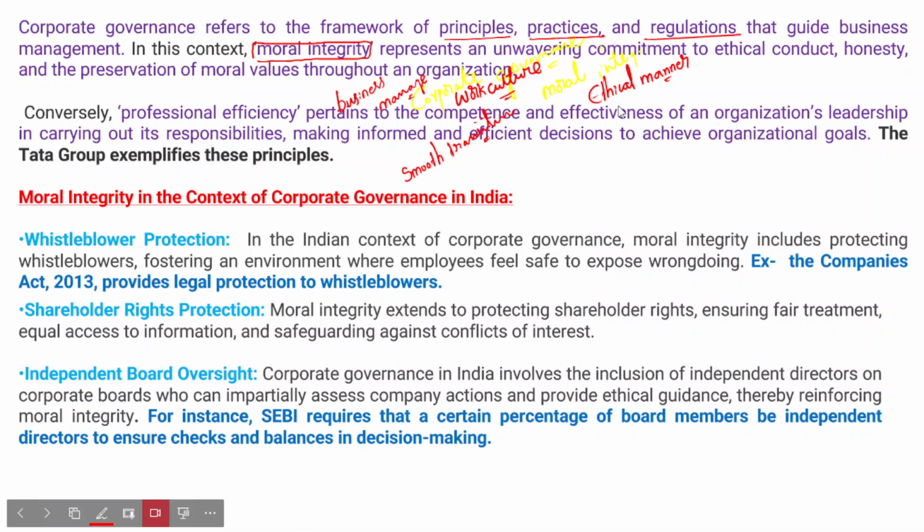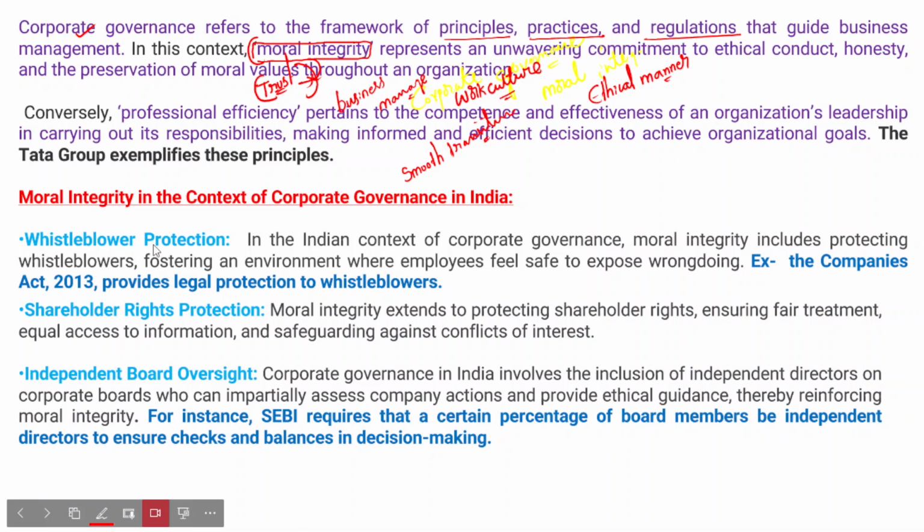This is what constitutes the moral integrity of a corporate company. Moral integrity also enhances and enriches corporate governance, and it helps develop trust among the stakeholders about that particular corporate company. Overall, this plays a very important role in developing trust.